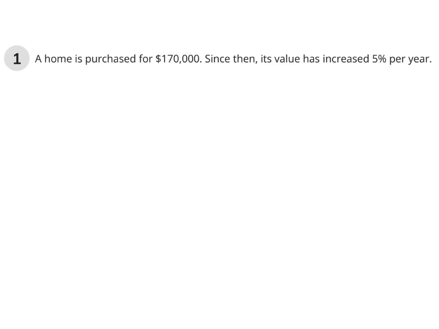All right, a home is purchased for $170,000. Since then, its value has increased 5% per year. Okay, so let's talk about what we are given here. 170,000 is your A. That is 100%. Your value is 100%, which is $170,000.